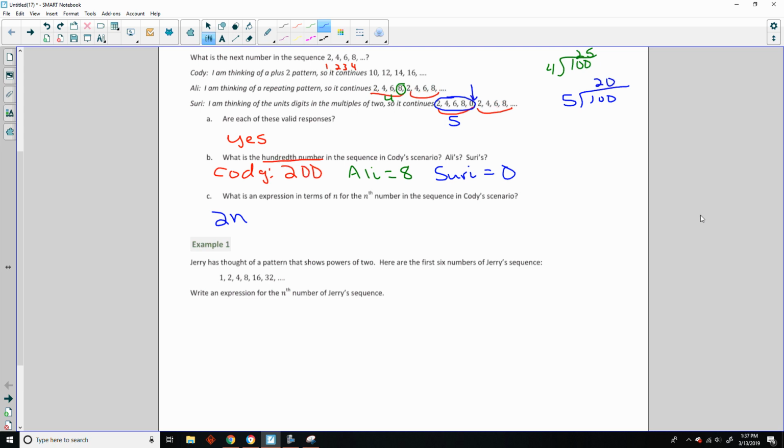Another response might be multiplying 2 times, now we're leading up to something here, and if the first term is 2, what did we do to get 2? Okay, term number 1 plus 1 equals 2.